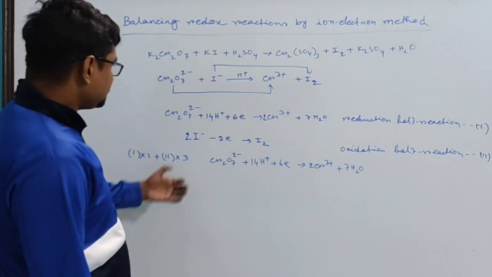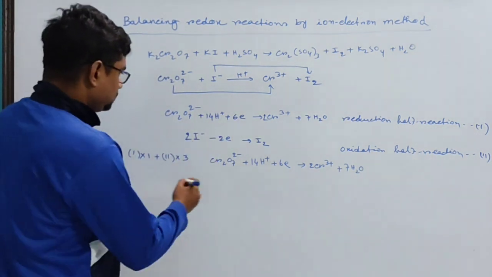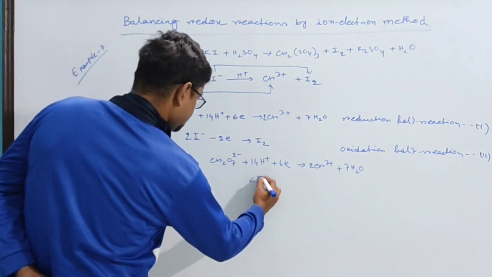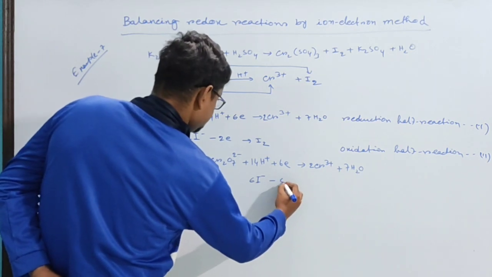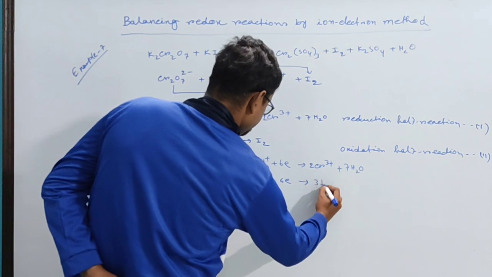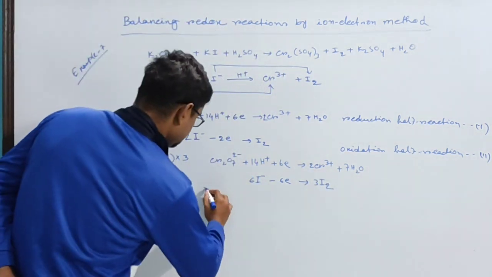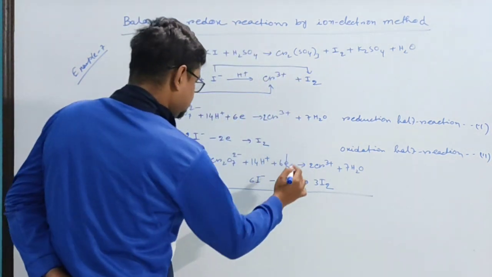And this one we are multiplying with 3, so 6I minus giving 3I2 and 6 electrons. Let's sum up. The electrons will be cancelled.